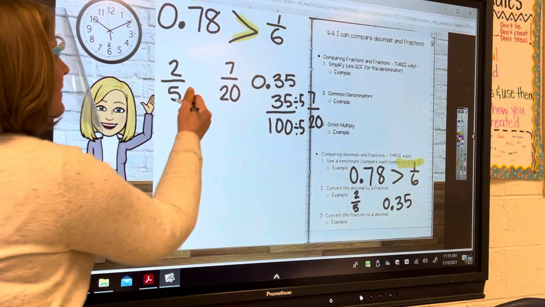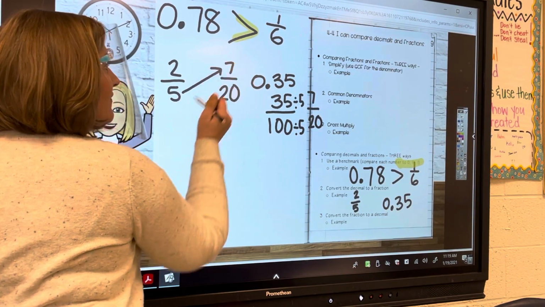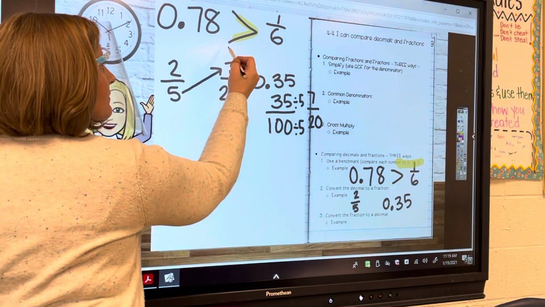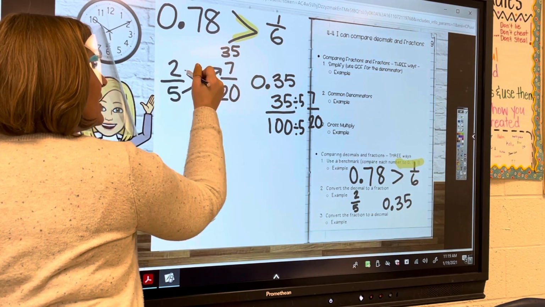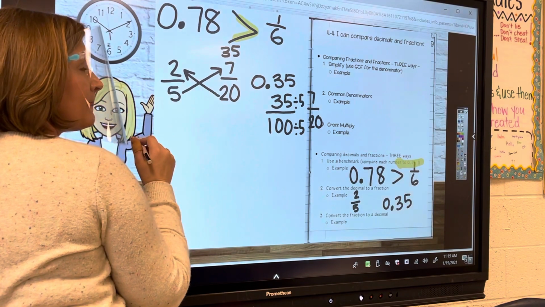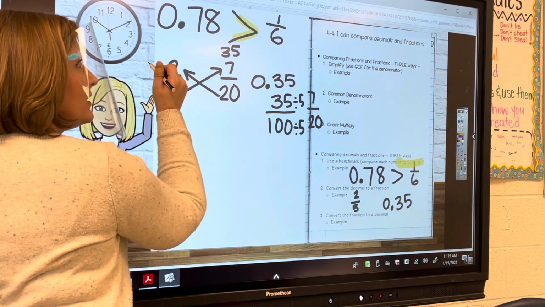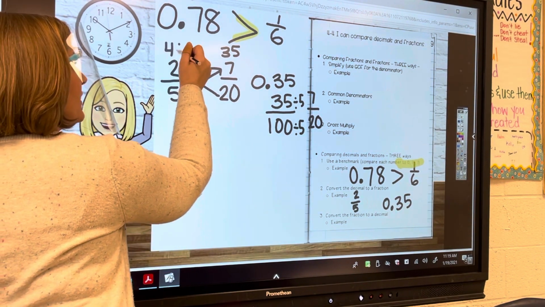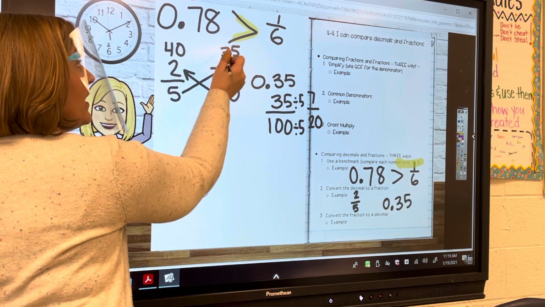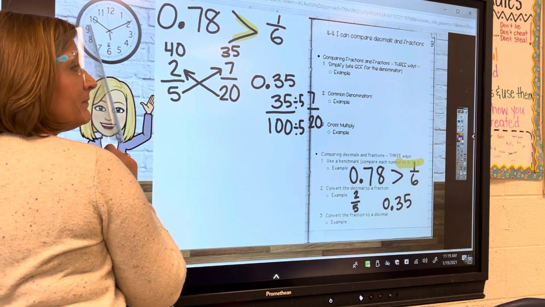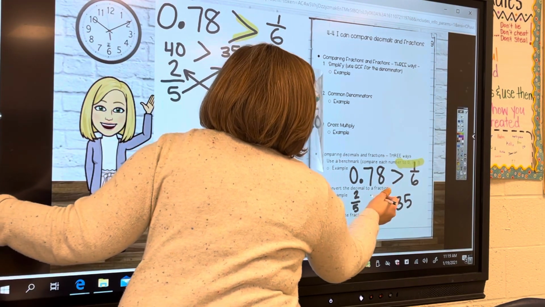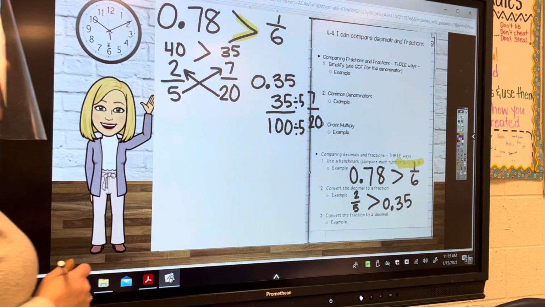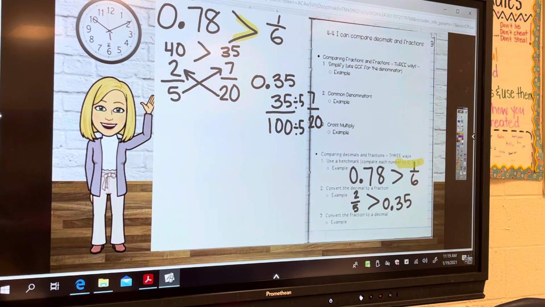Cross multiply. 5 times 7 is 35. 20 times 2 is 40. 40 is what to 35? Greater. So 2/5 is greater than 35/100.